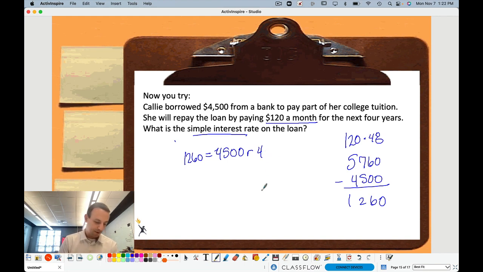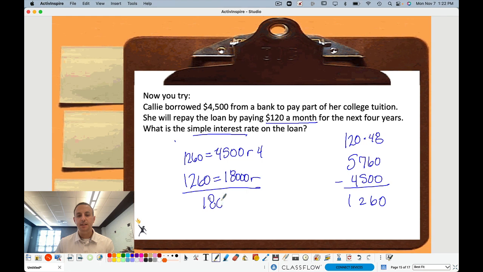So we take 4,500 times 4, and we get 1,260 is equal to 18,000 times the rate. Divide both sides by that same 18,000. So we take 1,260 divided by 18,000, and we find that her interest rate was 0.07, or better yet, 7%.